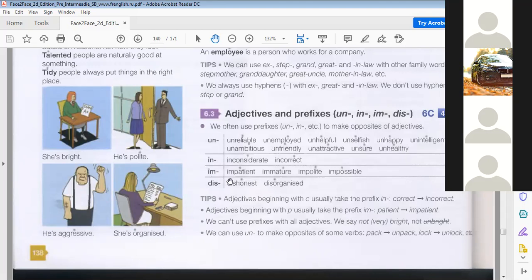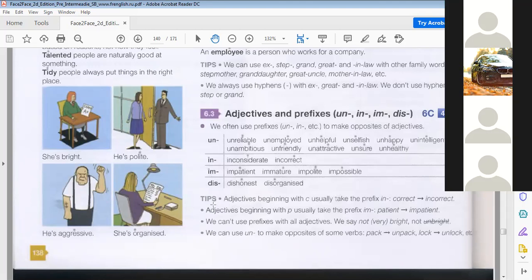Impatient. Immature. Right. Impolite, impossible. Okay. And the last group? Dishonest, disorganized. That's correct.